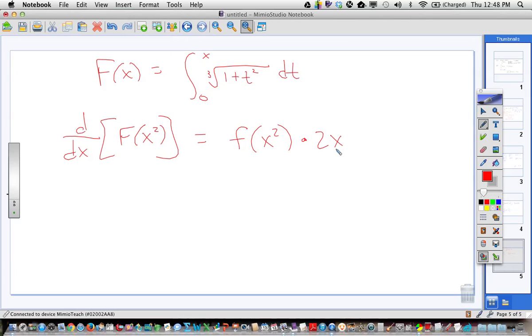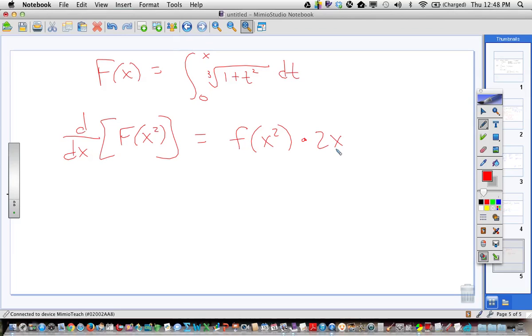This is nothing more than a chain rule. This is a problem I could ask you back in chapter 3, and I think you should have been able to handle it. If I just ask you for the derivative of big F of x squared, you do the derivative of the outside, which is little f, leave the inside alone, and you multiply by the derivative of the inside. It's just a chain rule.